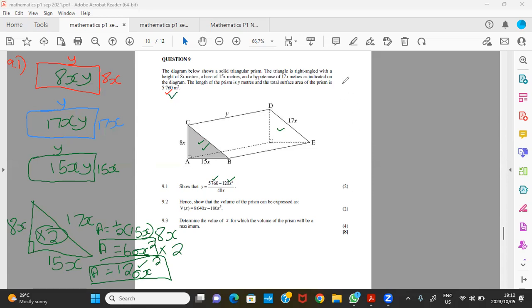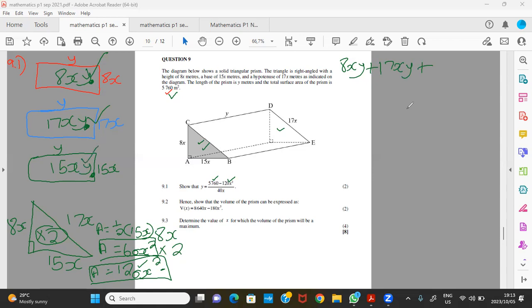So here's what we are going to do. We are going to take all of these areas. Since my surface area is just me taking all of my areas and adding them together, on the top right I'm saying 8xy, which is the area of the first rectangle. Then I add the area of the second one, which is 17xy.